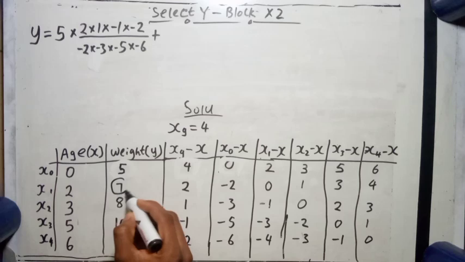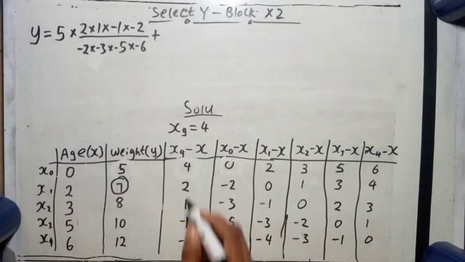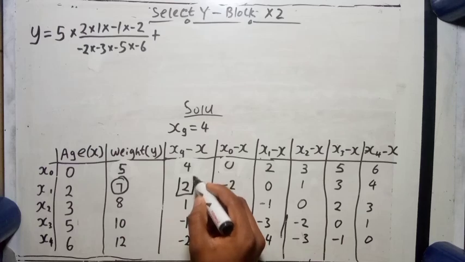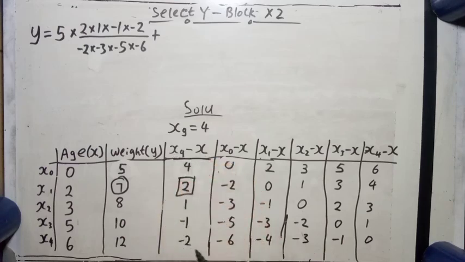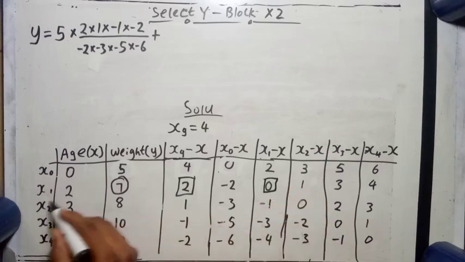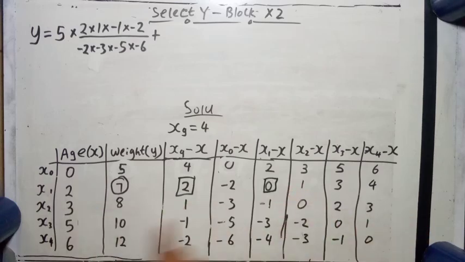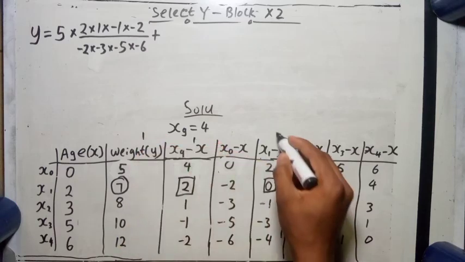You select your y. We're not dealing on the second row. We select our y. Now we block under the column of xg minus x, and we block the 0 in that row. We block the 0 in that row, and what it means is that we'll be making use of this, and this.